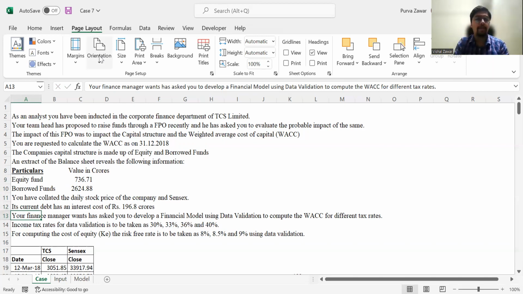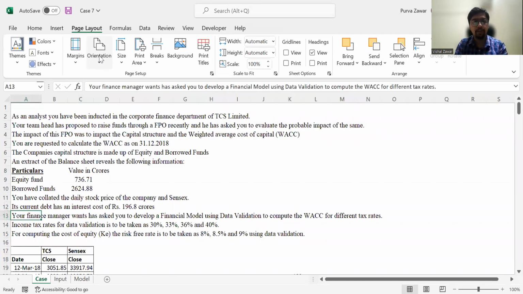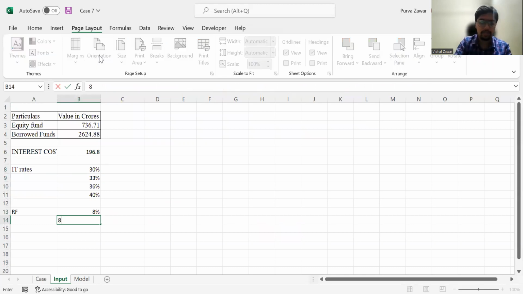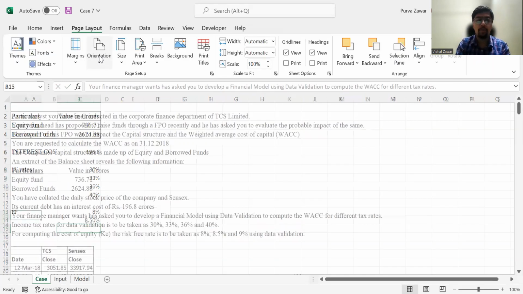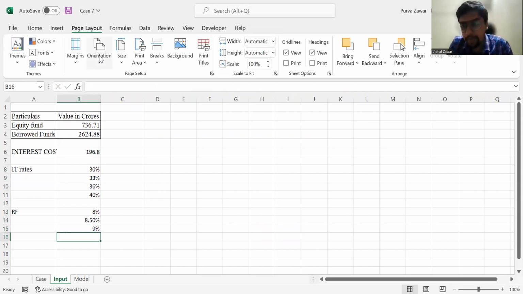And you have RF, risk-free return. Generally, government bonds are used over here, 8%. That also depends upon what kind of bonds you are taking, what is the time frame. Some people take a recent, some people take last 5 years average. So it depends on case to case, how you are going to select this risk-free rate of return.